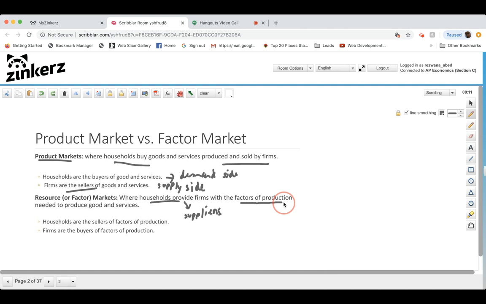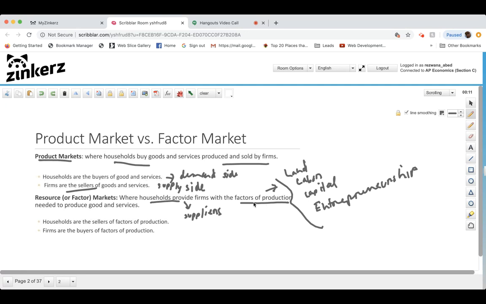They're supplying factors of production, so inputs, which are land, labor, capital, entrepreneurship. We'll see this on the next slide in more detail. But all of the factors of production are owned by households in one way or another.